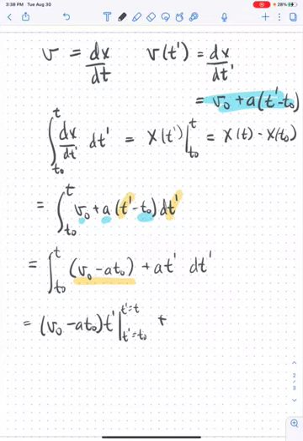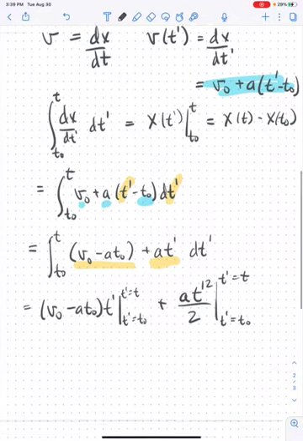And then this thing here is just linear. And so the integral of t prime is 1/2 t squared. We've got our constant a out front, so t prime squared over 2, evaluated from t prime equals t naught to t prime equals t.